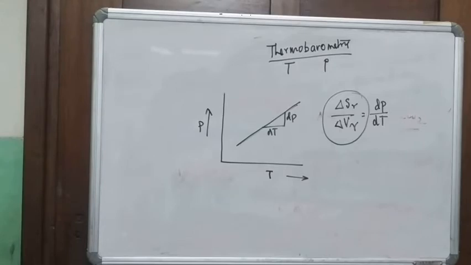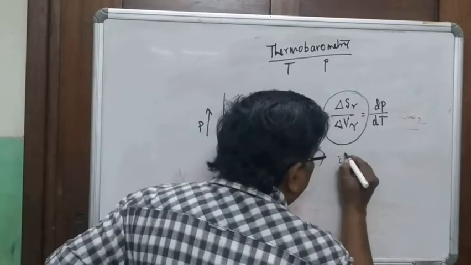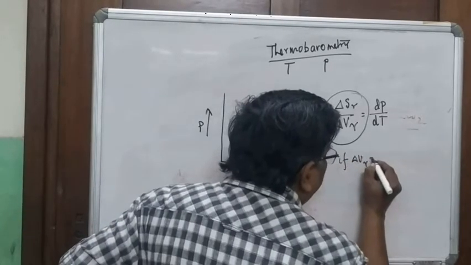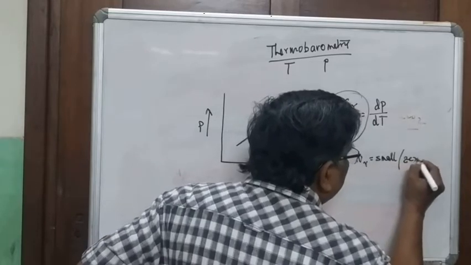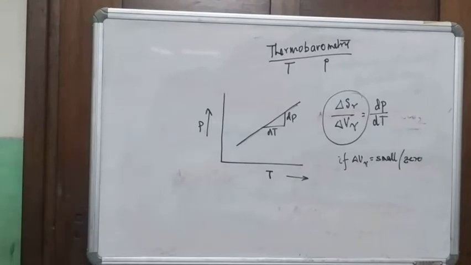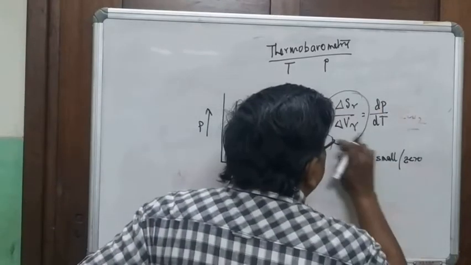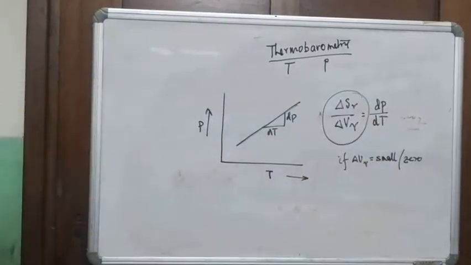In this, if delta V_R is small or zero, then this will be infinity.